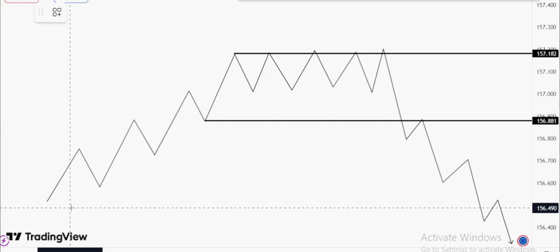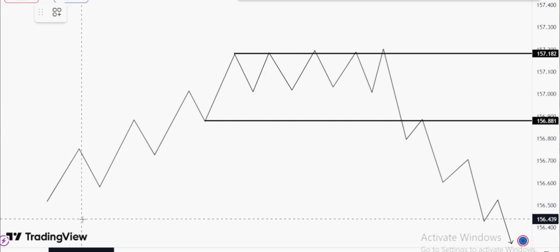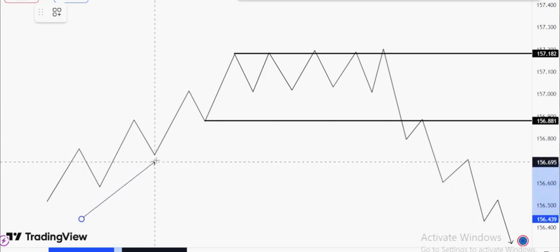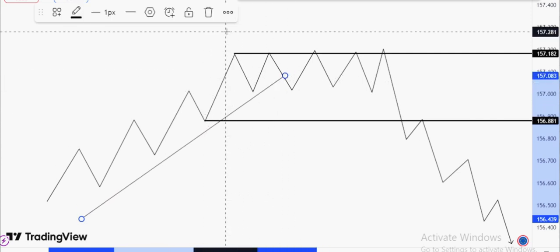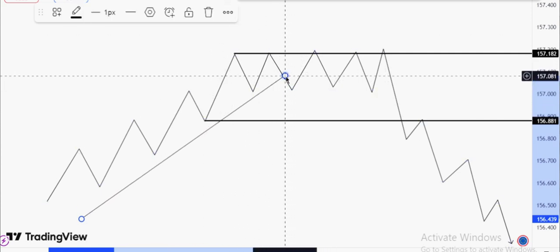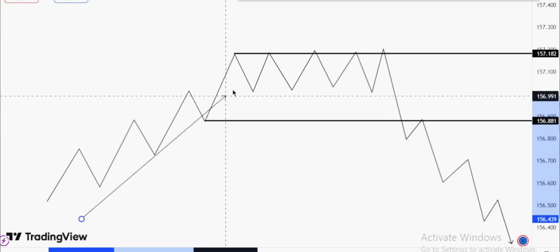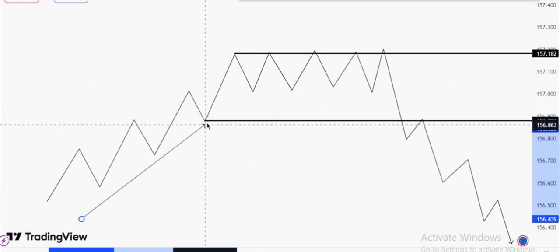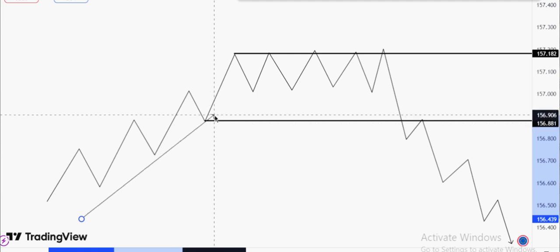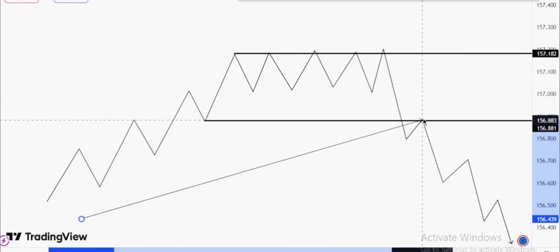So this is something I should explain. When a market is creating higher highs and higher lows, that market is bullish until the last major higher low is broken, retested, and the markets continue down.